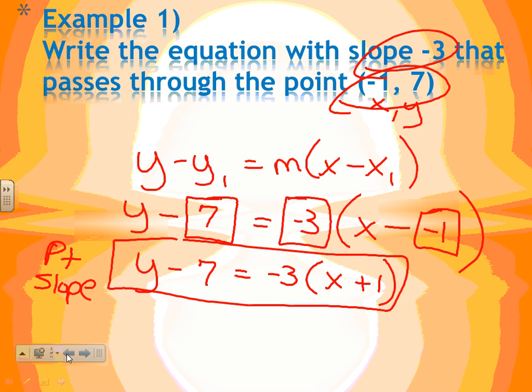So you are finished. Now, can I ask you a question? Look really carefully. What does it look like your point is? It looks like it's a +1, and it looks like it's a -7. So just realize, if it looks like it's +1 and -7, the actual point is -1 and +7.